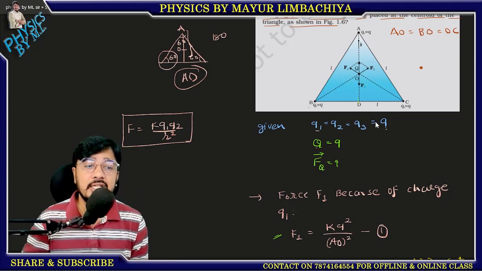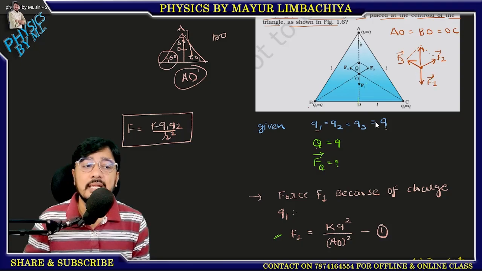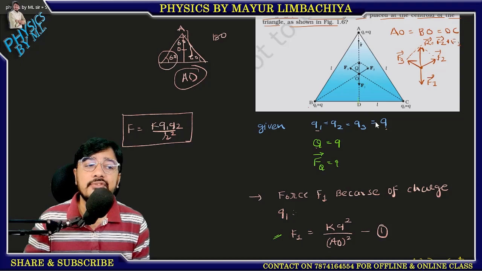So here, dear students, if I use the parallelogram method between F3 and F2, like this, then we will have the resultant vector like this. And our F1 is here on the downward side. This is the resultant of F2 plus F3.